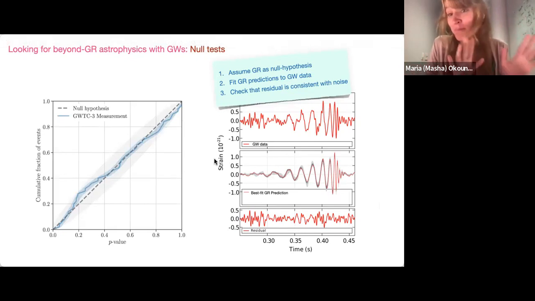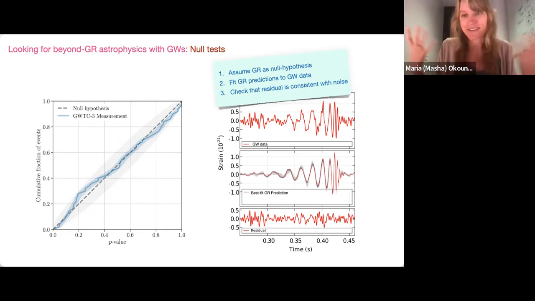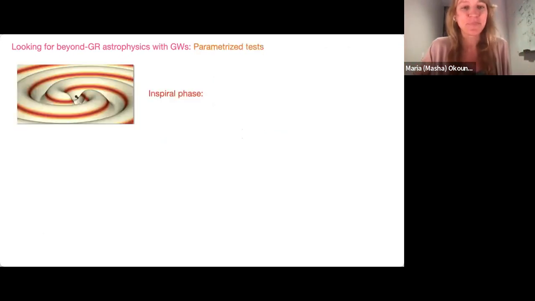I'm not going to get too much into this figure, but this is what you would expect for general relativity, and this blue line corresponds to observations from GWTC-3. The important thing to note is that these curves are close enough to each other. And so in some sense, these null tests of general relativity have been successful.